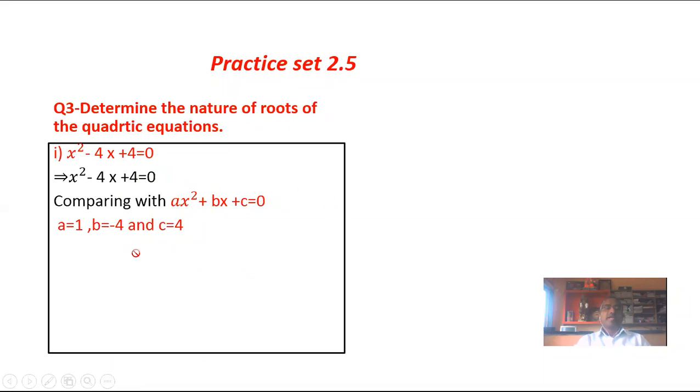Then first to find the value of discriminant. The nature of roots depends upon the value of b square minus 4ac. Therefore, first to find delta is equal to b square minus 4ac.